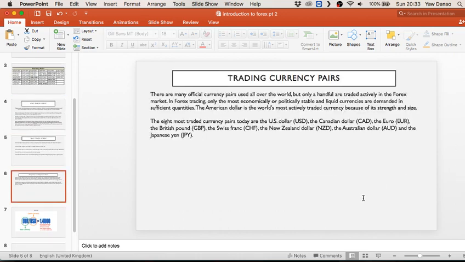When you are pairing the currencies, there is a specific way of pairing them. You can't put any country's currency first, because there's a standard way of doing it. So the AUD USD is right, but the GBP EUR is supposed to be the other way around. It's supposed to be Euro GBP.